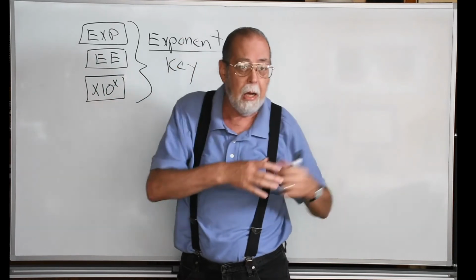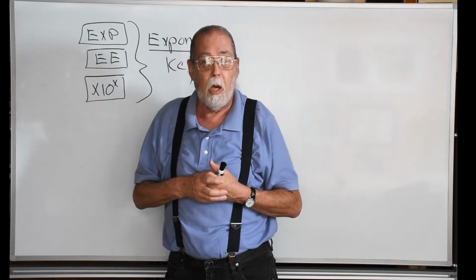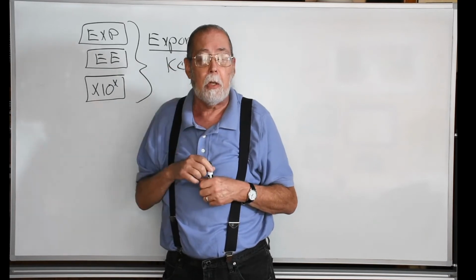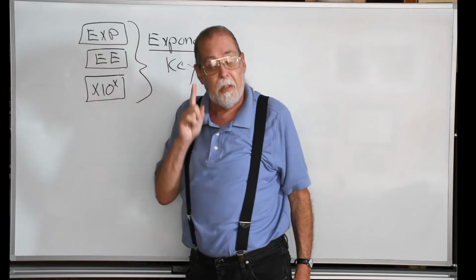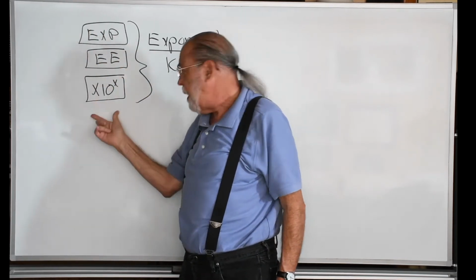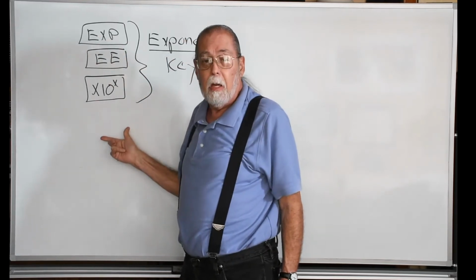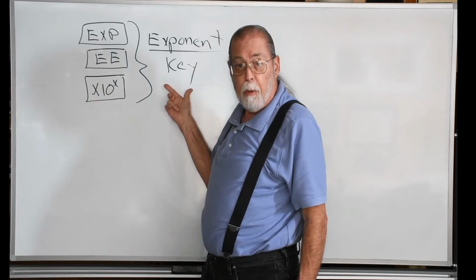And then it multiplies the mantissas, it takes care of the exponents, and then it spits out the result. When you enter a number in scientific notation, what it wants is the exponent and the mantissa. Pressing this key, and there might even be variations on this, tells the calculator that the next thing you enter is going to be an exponent.